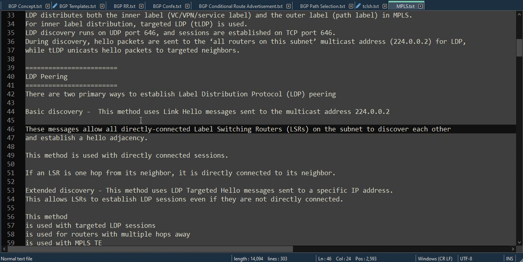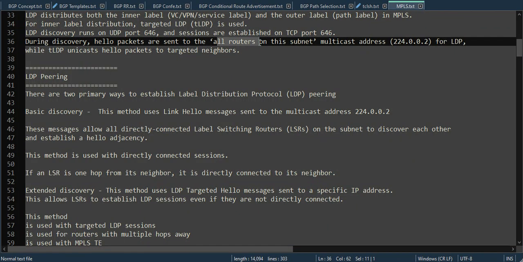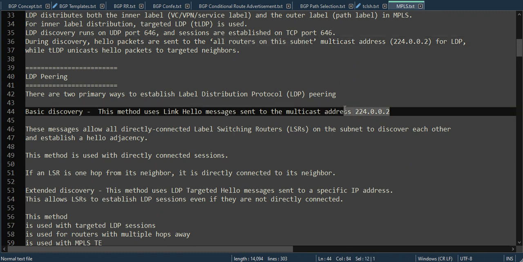Basic discovery. This method uses link hello messages sent to the multicast address, the same all routers on the subnet address, 224.0.0.2. This is for basic discovery.